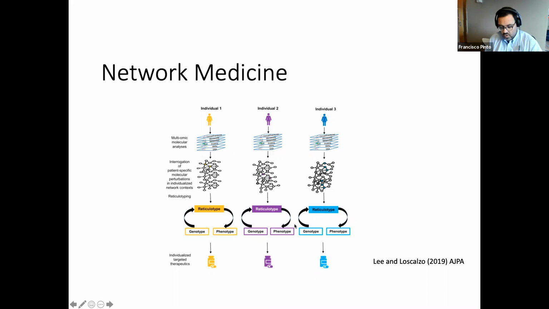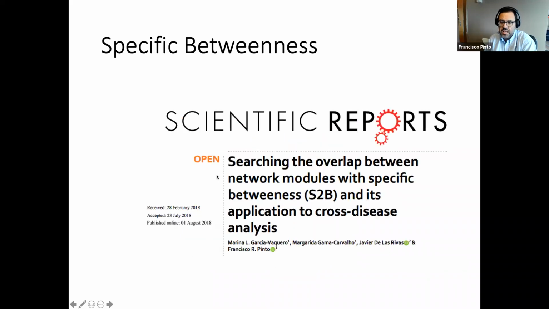This is already ongoing, so there are people studying genetic factors that make some population groups more susceptible to some diseases or where some drugs are not so effective. But here the idea is to use the network knowledge to take more advantage of the omics data for that individual.